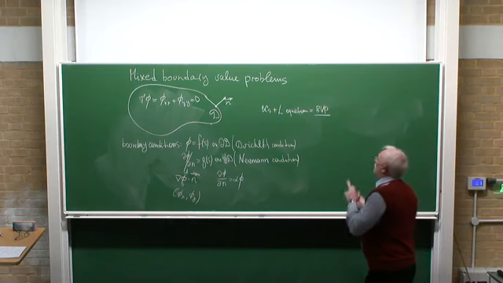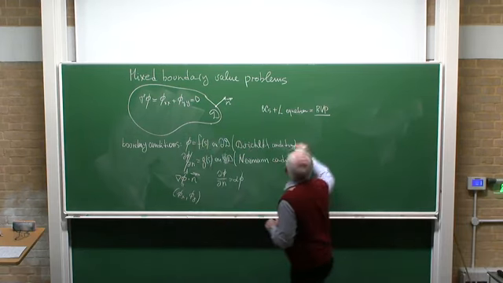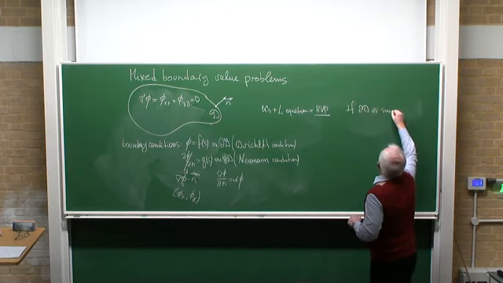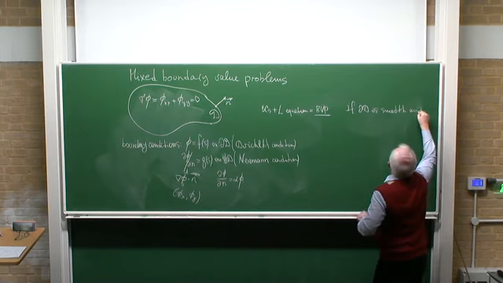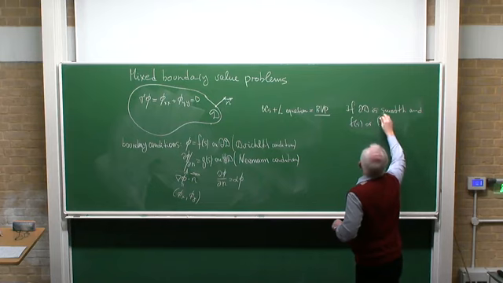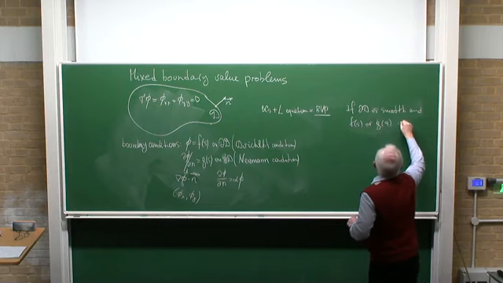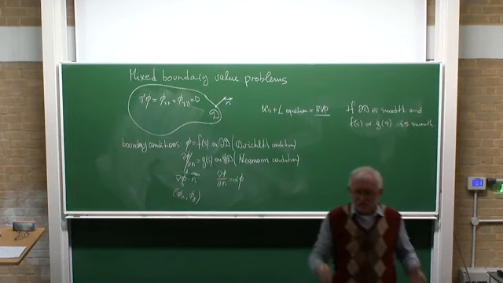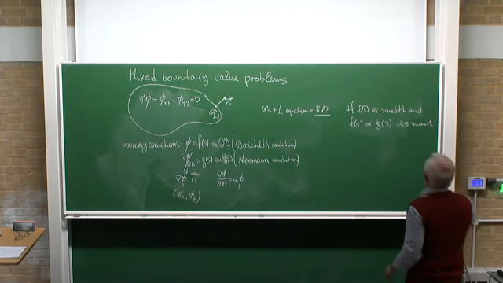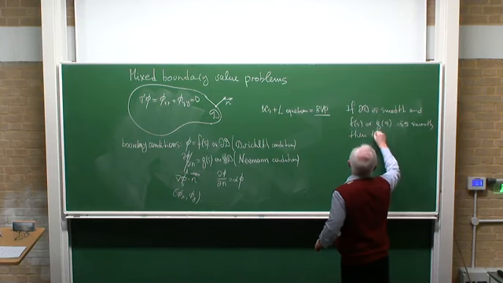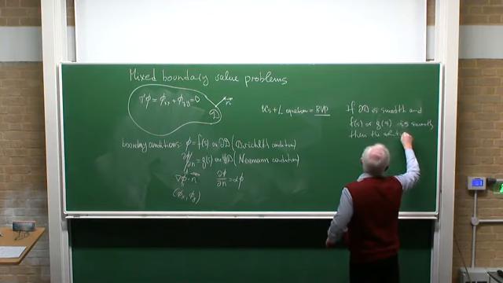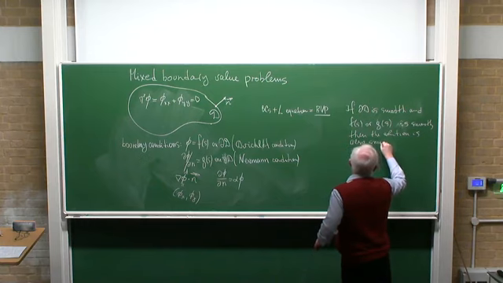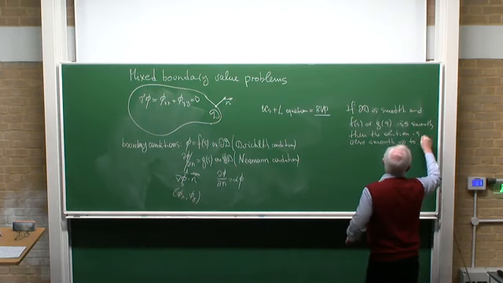As to boundary value problems, if the boundary is smooth and f of s or g of s are also smooth, so we can calculate as many derivatives as possible, or there is a limit for derivatives, but they are smooth, then the solution is also smooth up to the boundary.